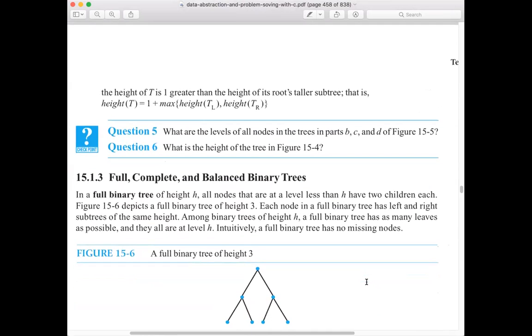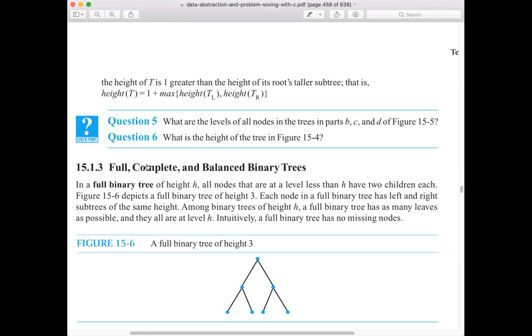All right, still just working on some terminology here. I think we're almost done with terminology, but now we want to talk about full, complete, and balanced binary trees. I'll be honest with you, every time I do this, I have to look up what's the definition of full and what's the definition of complete, because I get them confused with each other.